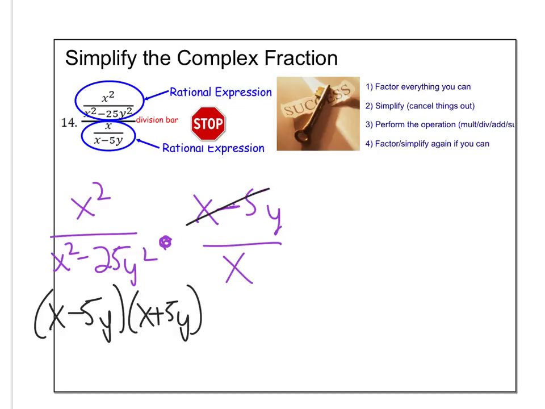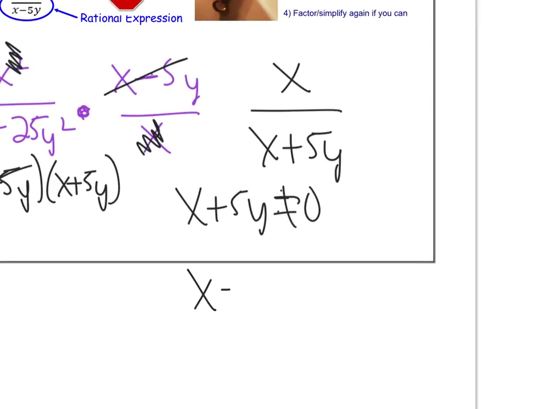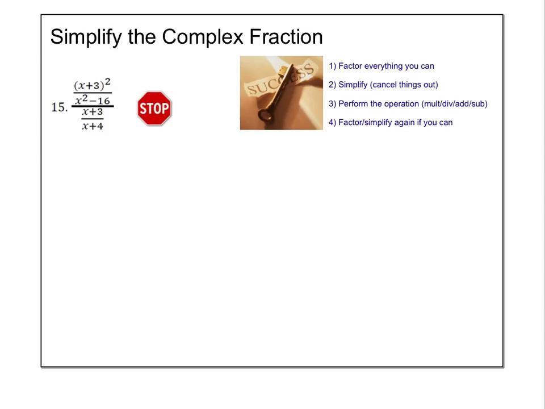So that'll cancel, that'll cancel. One of the x's will cancel out with this. So I'm actually left with x over x plus 5y. And again, x plus 5y can't equal 0, so x can't equal negative 5y, things like that. All right? So same idea.